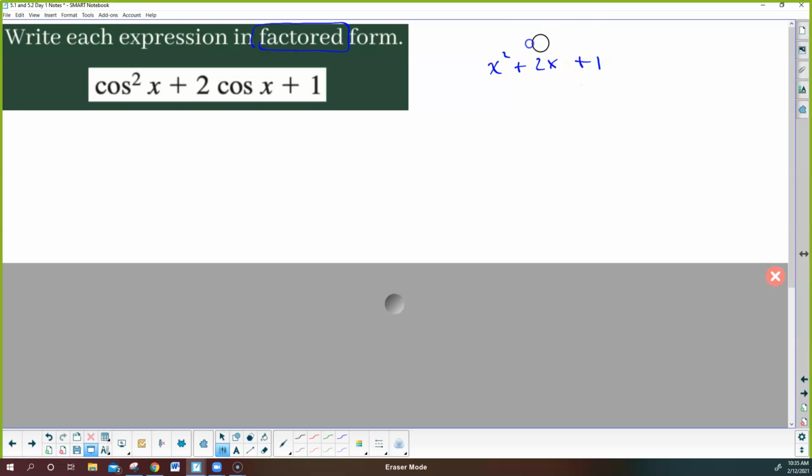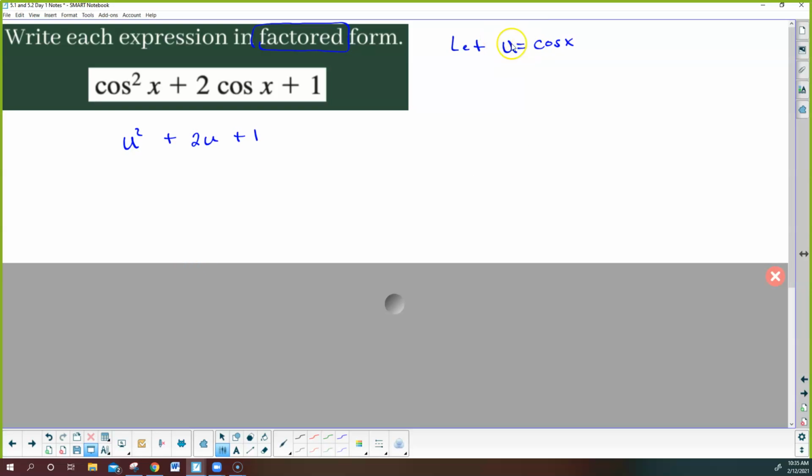And actually, I've got a little bit of a better way to show you that is a little bit more calculus related. So how about this? What if we let u equal cosine of x? All right. Now, what I'm going to do is, if there's a cosine, I'm going to replace it with u. So this cosine squared is really u squared plus 2 times cosine, well, that's 2u plus 1.